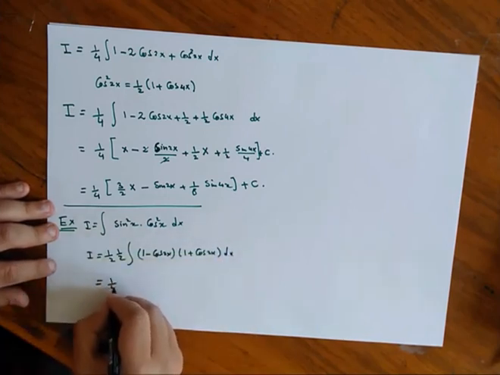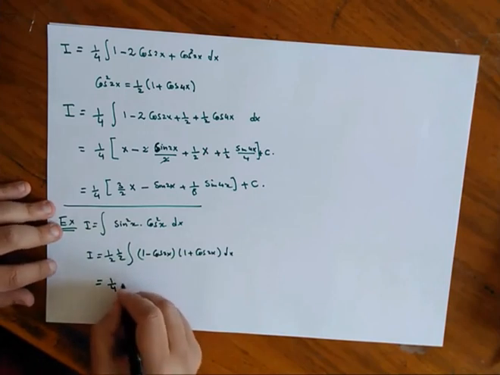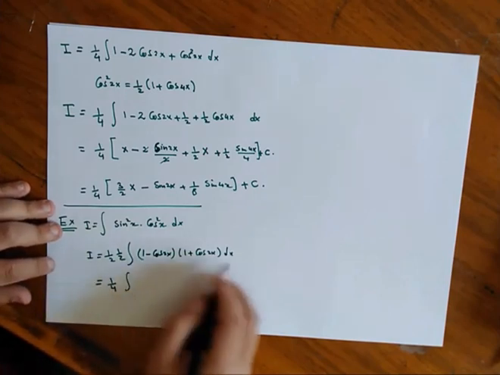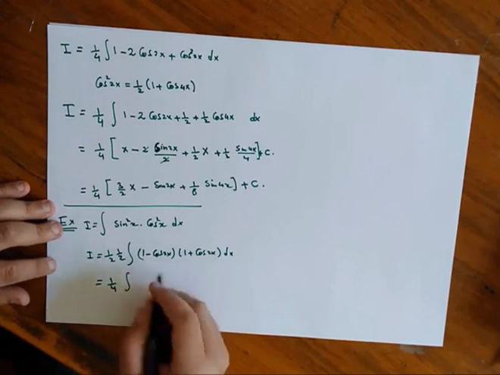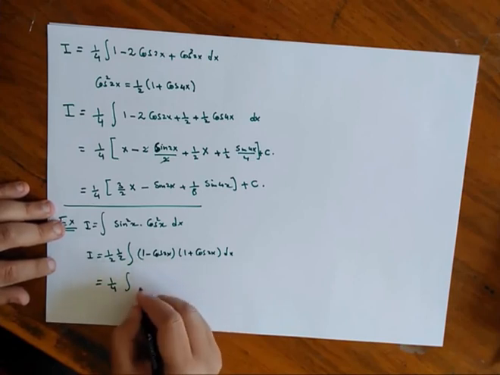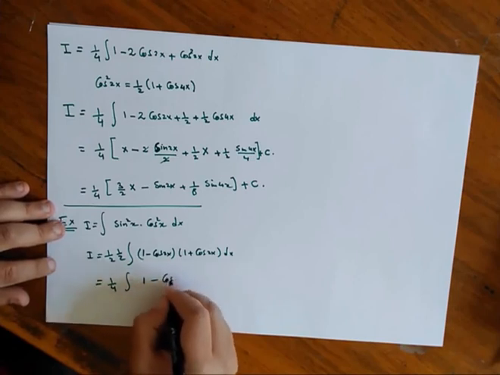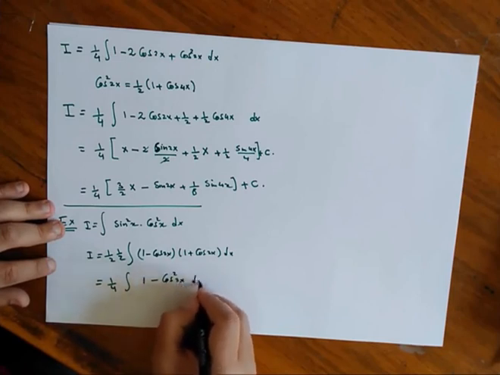So it will be 1/4 of, and then this is a difference of squares, so it will be 1 minus cosine squared 2x dx.